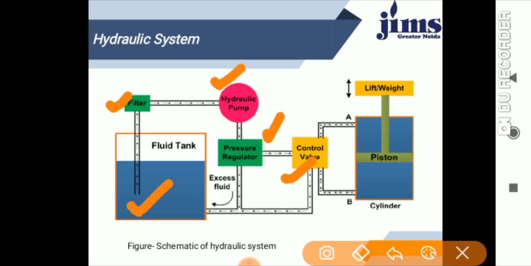Then the liquid goes in both directions, the direction of A and the direction of B. In the direction of A, it will pull down the piston inside the cylinder. When it passes to B, it goes up and lifts the component we are looking for.